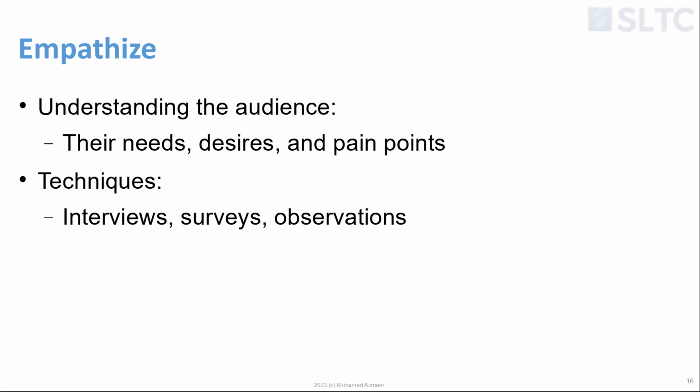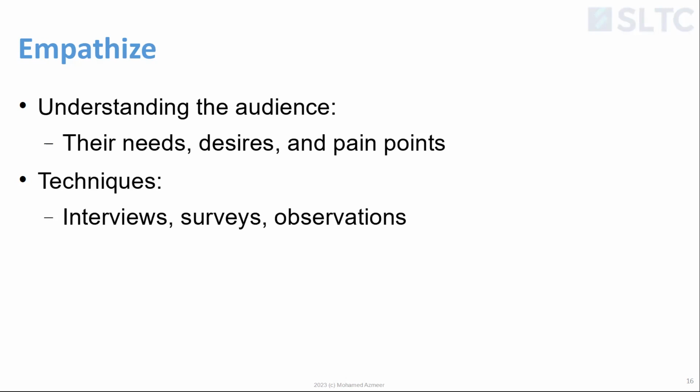And you may also run a survey. If the numbers are large, you can run a survey and say, fill this form or fill this survey. You need to make sure the survey is easy to understand and not very complicated, and that a larger portion of the population, the people who are using, will participate.